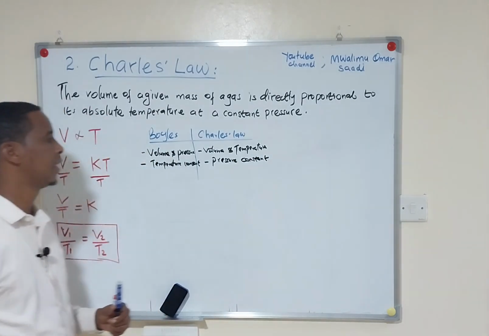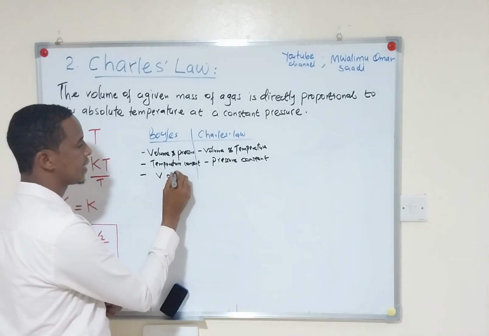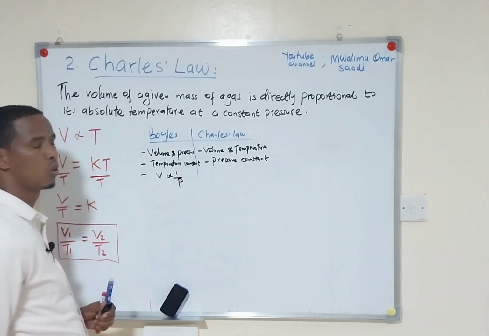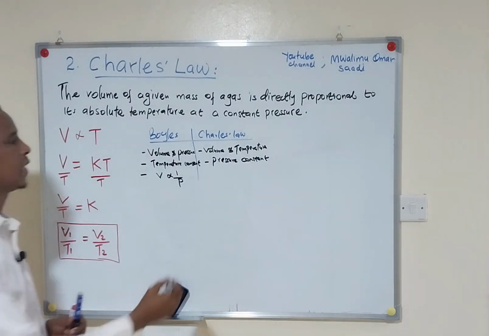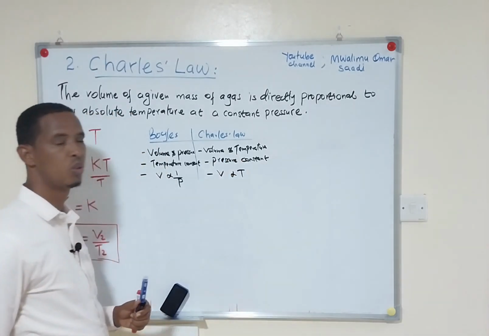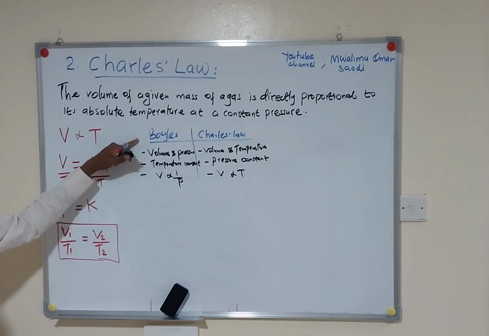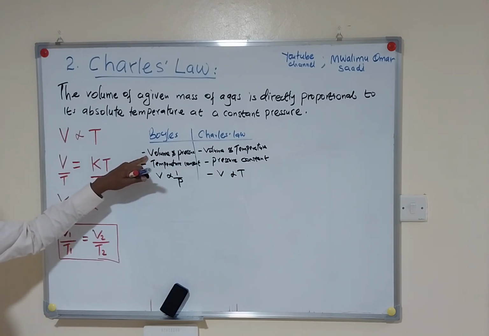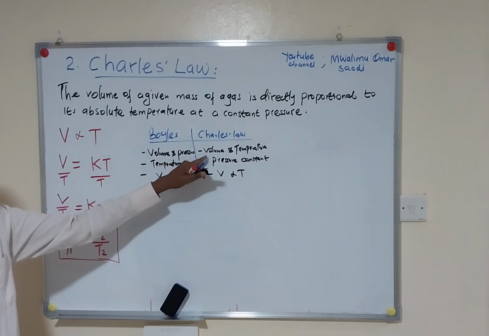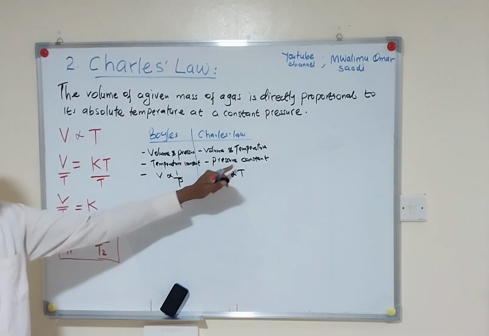Again, for Boyle's law, volume is inversely proportional to pressure, while for Charles' law, volume is directly proportional to temperature. So those are the differences. Boyle's law deals with the relationship between volume and pressure at a constant temperature. Charles' law deals with volume and temperature at a constant pressure.